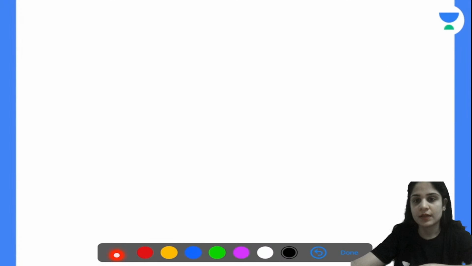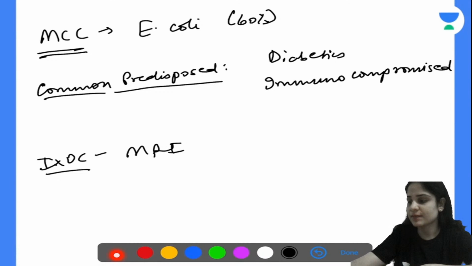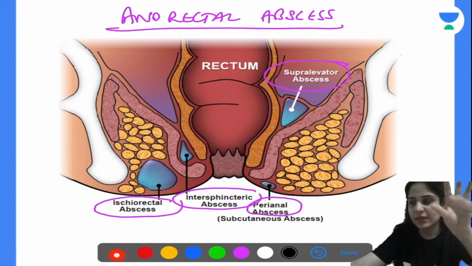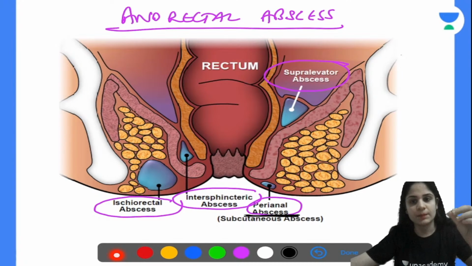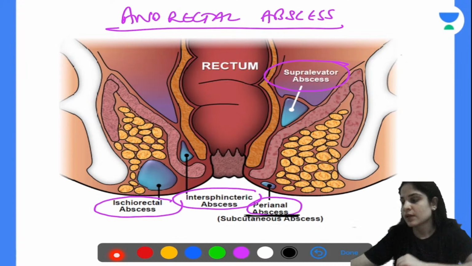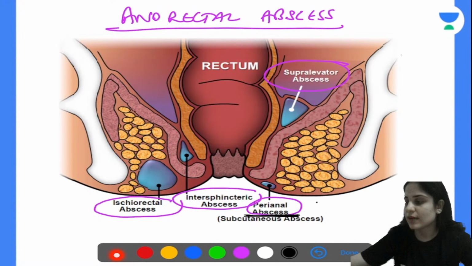All right. Now, I'll just briefly tell you about each of these abscesses in detail. The first one, the most superficial one, is your perianal abscess. Why does it happen? Imagine that you have a thrombosed external pile, an external hemorrhoid.